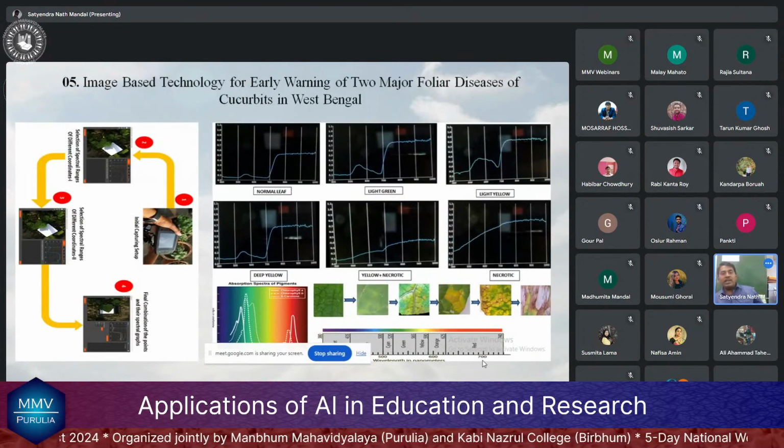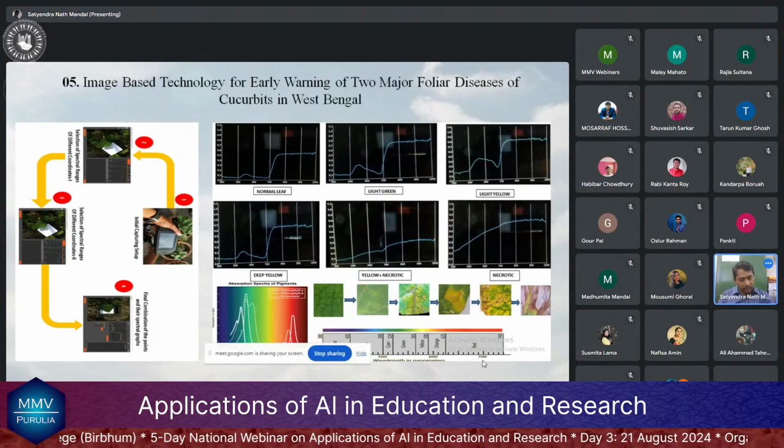Now, this is a very important thing. Earlier, all our work was done after the disease happened. Can we do something before the incident of disease? In that case, we developed a system or technology using hyperspectral imaging.